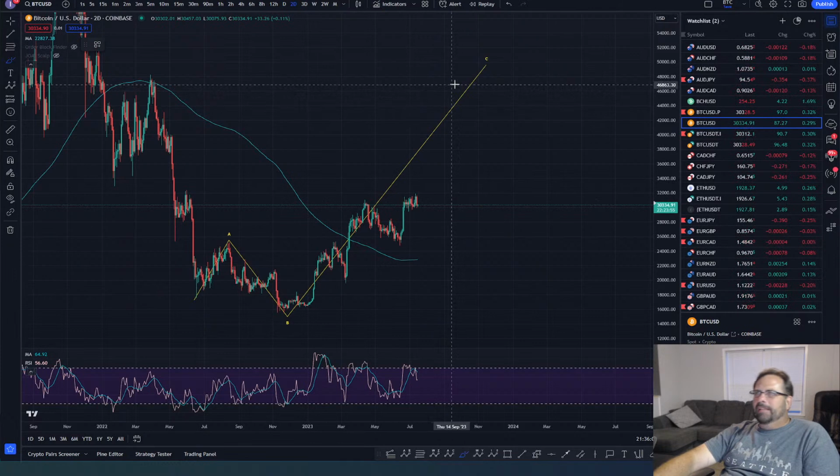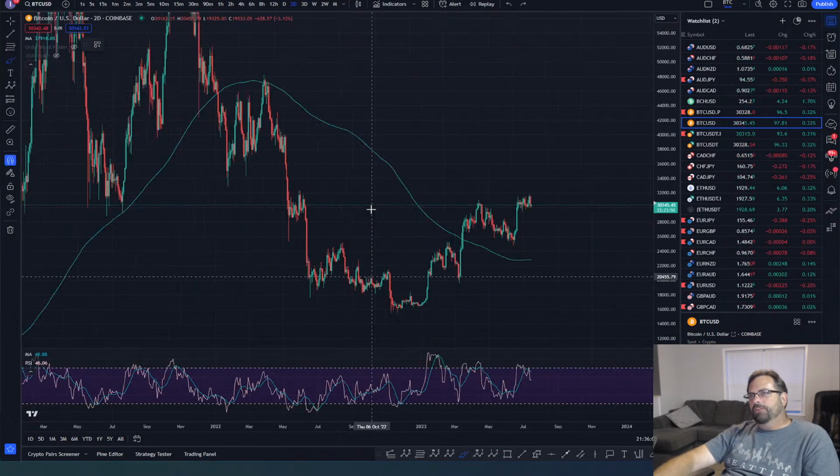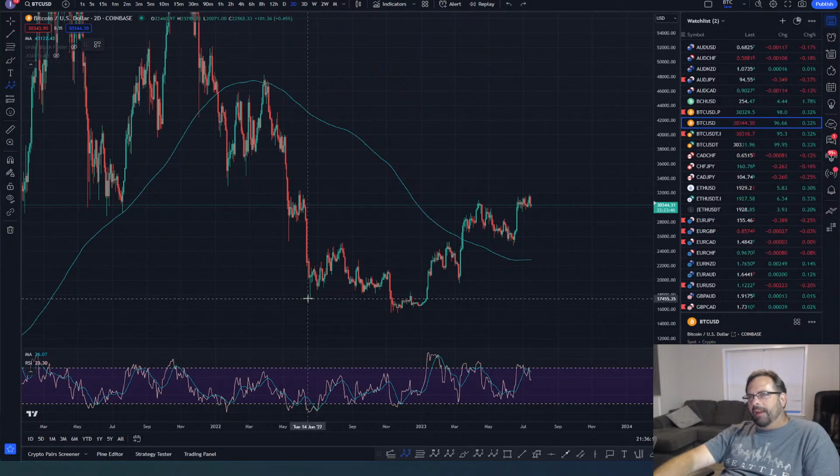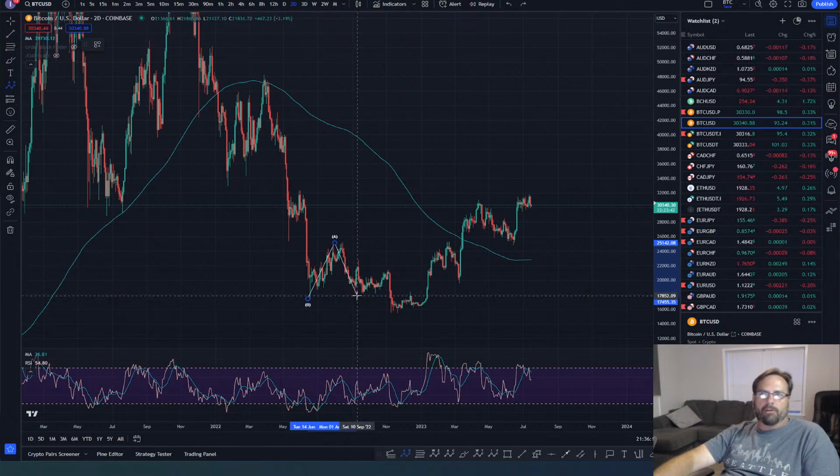So I don't like this as a wave C. So what you're going to have to do then, more than likely, is make this a triangle, which I think some of you have made this a triangle already in your accounts. I'm not a major fan of this as a triangle.